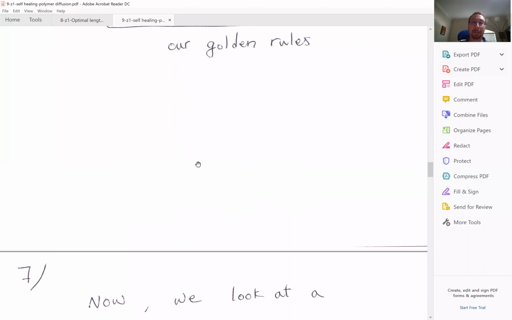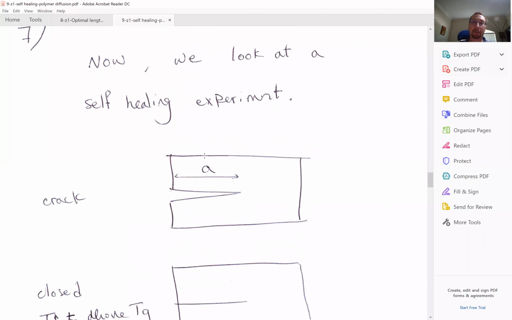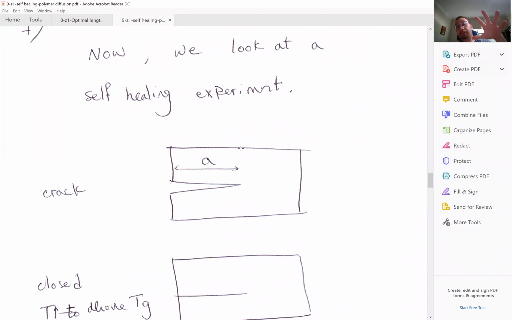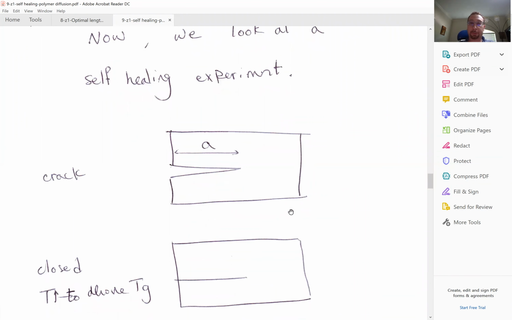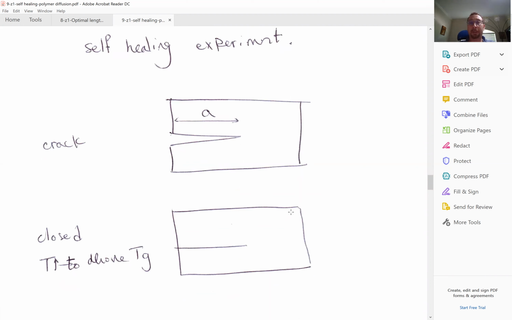And so with that, we can now go back and look at a single self-healing experiment. Although we're talking in the context of intrinsic self-healing, this experiment that I'm explaining to you applies to both intrinsic and extrinsic. And everything I told you in this handwritten document about fracture mechanics is also applicable to intrinsic and extrinsic self-healing. So the experiment starts with something like this.